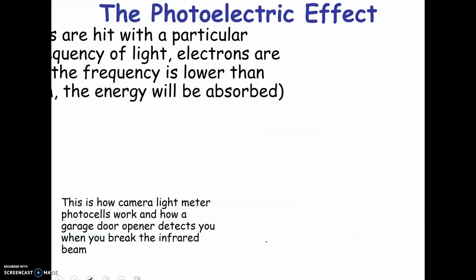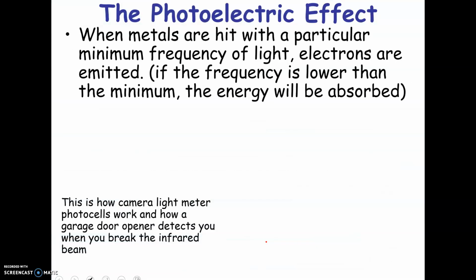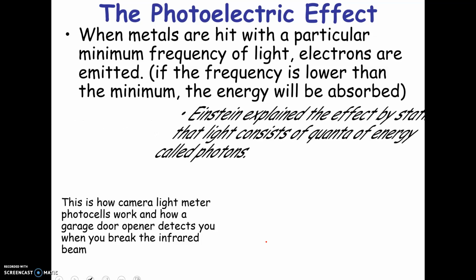All right, so this was discovered along the line from some experiments, and one of those is something called the photoelectric effect. What they discovered was when you hit metals with different frequencies of light, sometimes nothing happens, and sometimes electrons shoot off the metal.